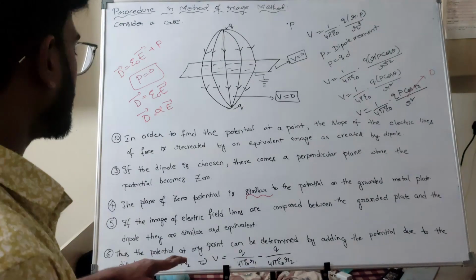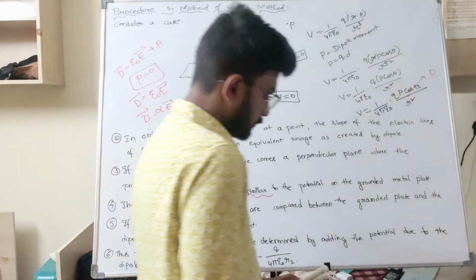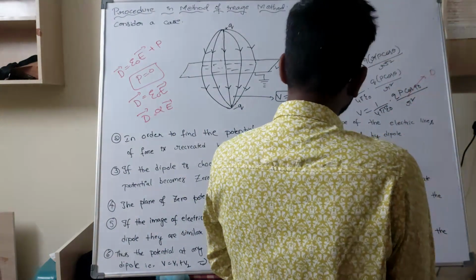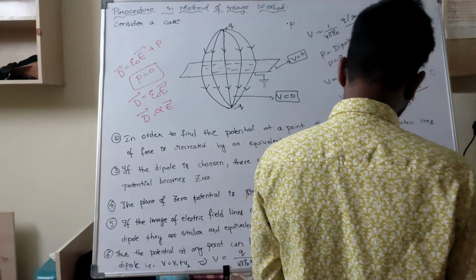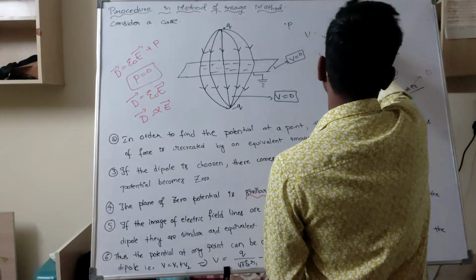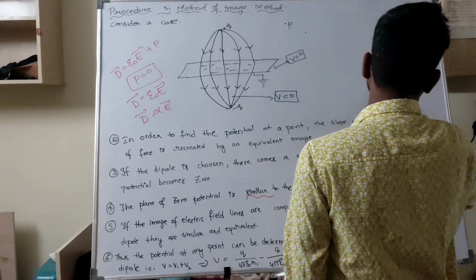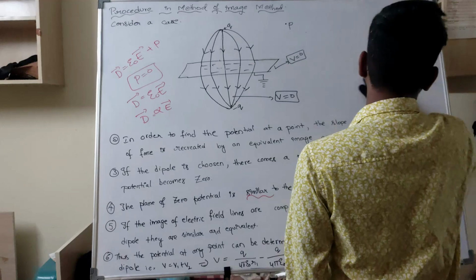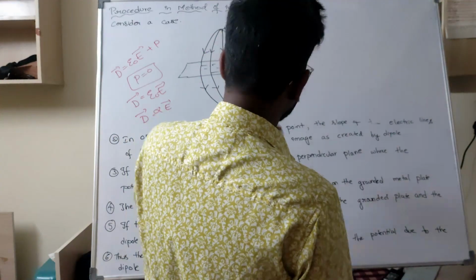Thus the potential at any point can be determined by adding the potential due to the dipole. For a scalar quantity, if you want to find the total potential, you have to apply the superposition principle.